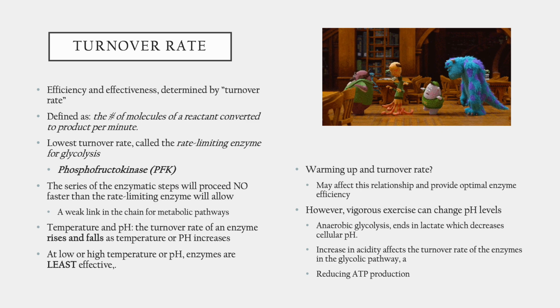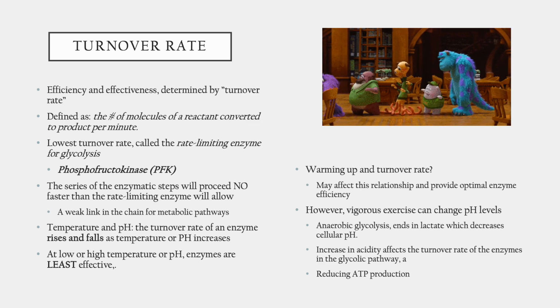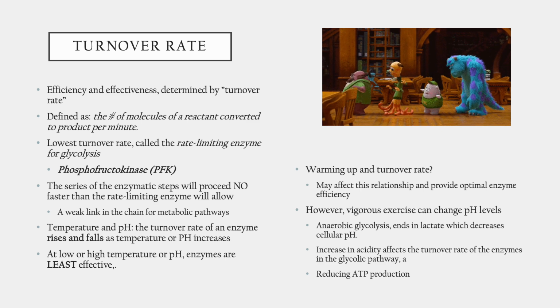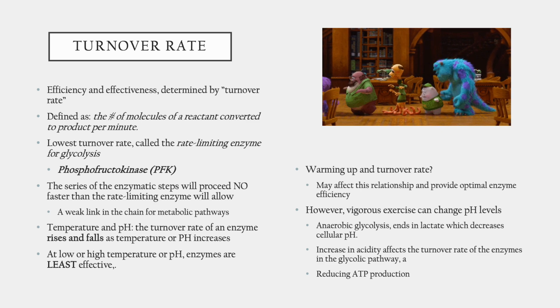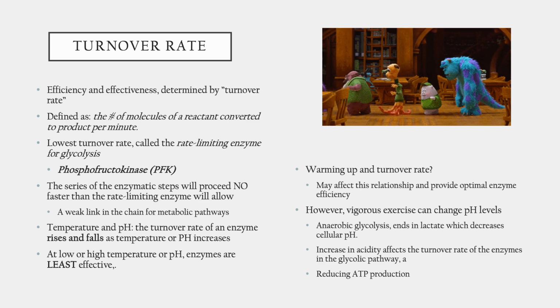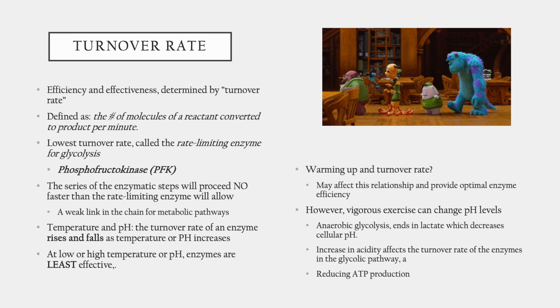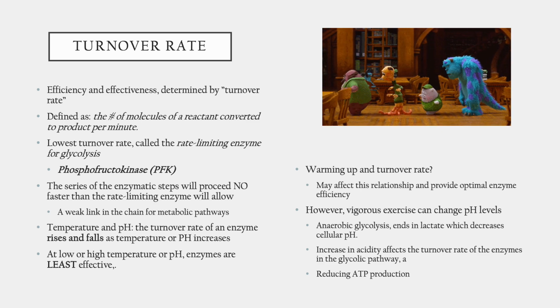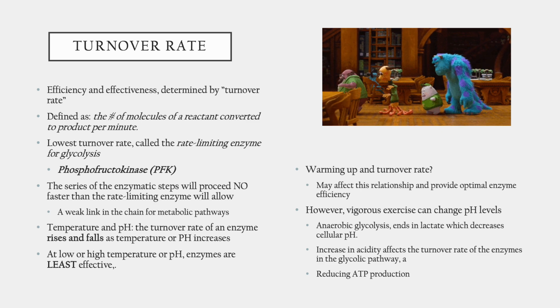So the slowest turnover rate is called the rate limiting enzyme. For glycolysis, there is a weakest link in the second energy system, known as PFK, phosphofructokinase.